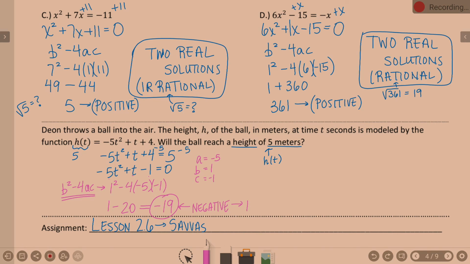So for this, there are no real solutions. Okay? No real solutions, and so we're able to say no. The ball will not reach a height of 5 meters.